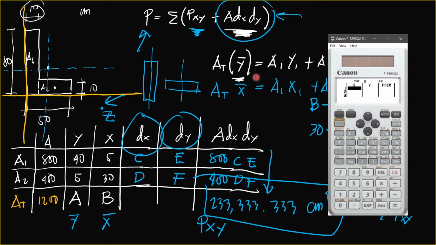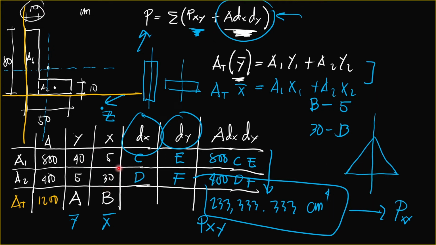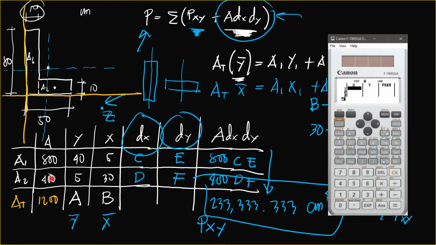For A1, that would be 5. Do you agree? For x, 5 and 30, and for y, 45, then the areas 800 and 400. Put x as 5 and 30. The distance of 5 here is 40, the distance of 30 here is 5.